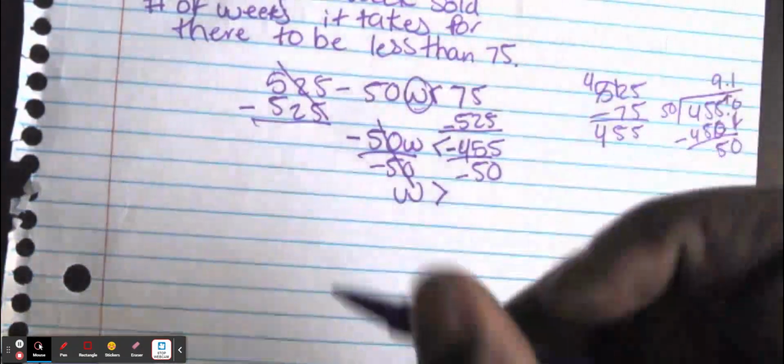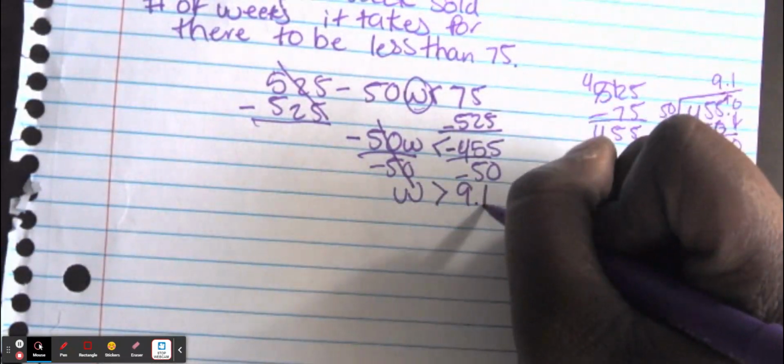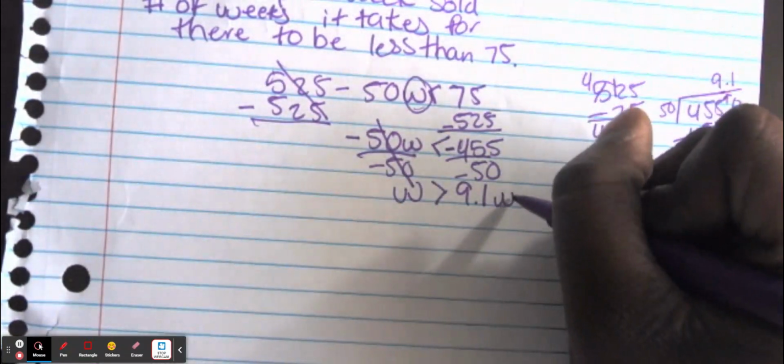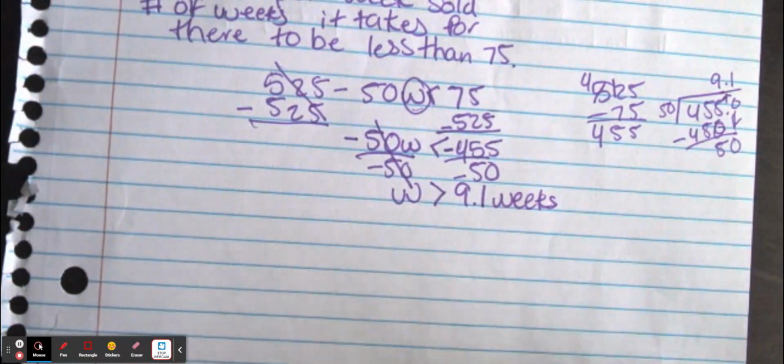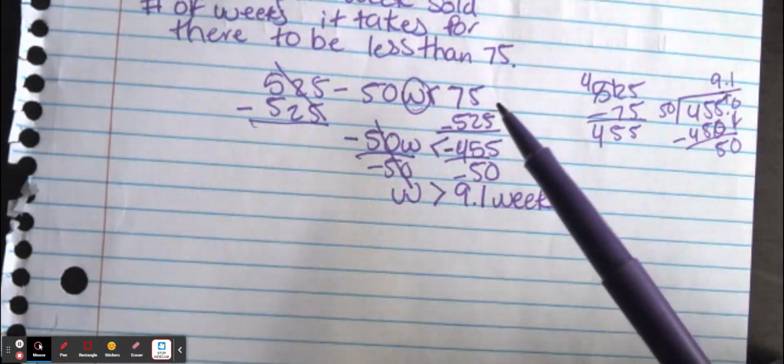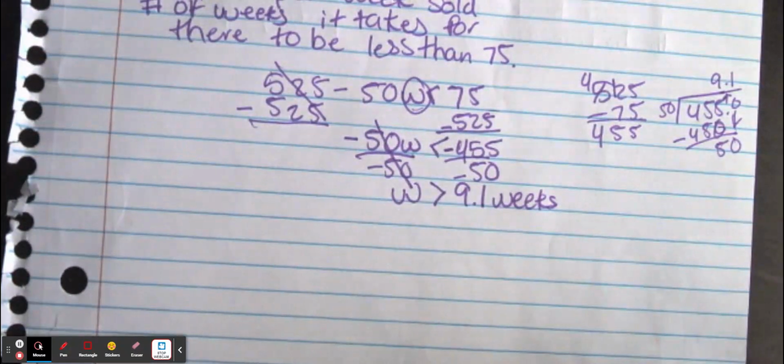And then my decimal goes straight up. So W is now greater than positive 9.1 weeks. Or it has to be greater than 9.1 weeks in order to have 75 cars left on the lot.